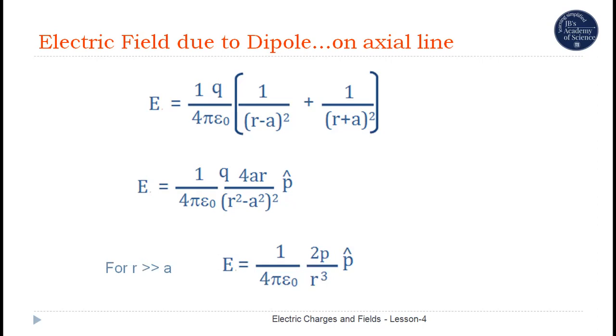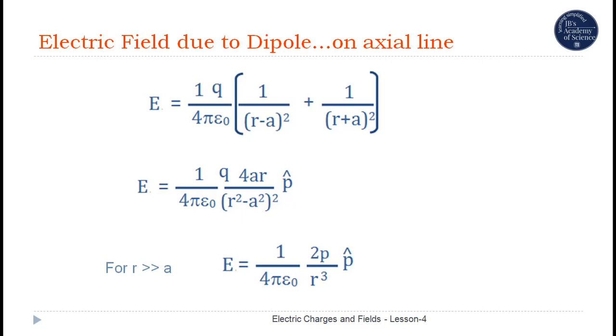Now, if the distance R is much greater than A, then A square is negligible compared to R square, so we can neglect A square. Then this equation is reduced to E is equal to 1 by 4 pi epsilon 0, 2P divided by R cube. So this is the expression for the electric field due to a dipole at a point on its axial line.